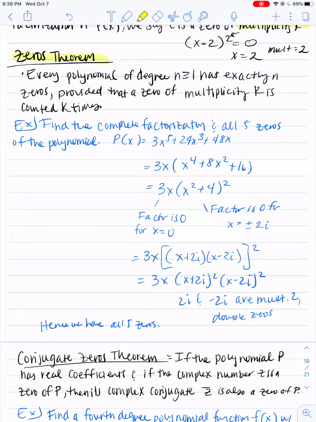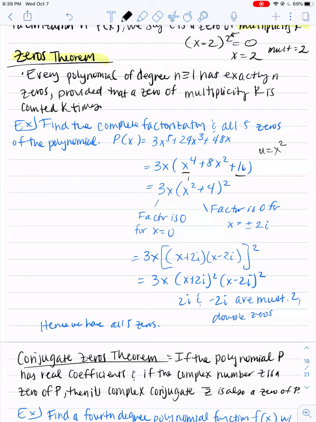I could factor this using u substitution, where u equals x squared, or I could use the perfect square trinomial, since this is a perfect square and this is a perfect square.